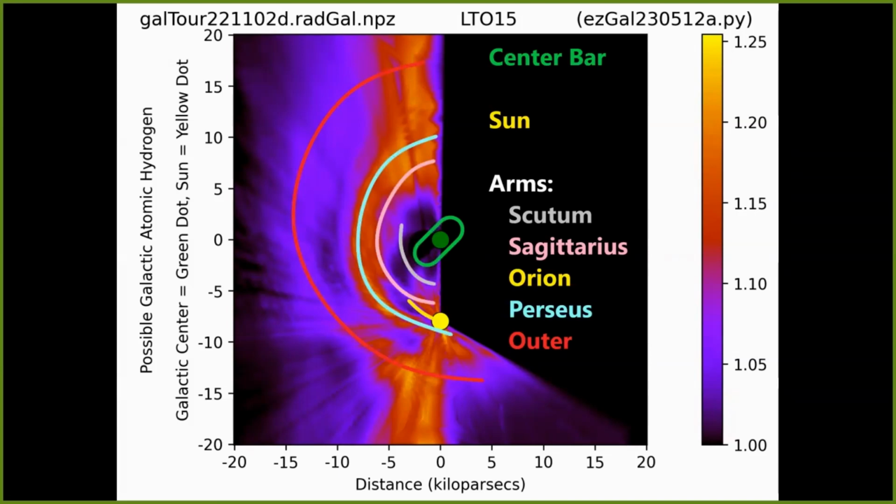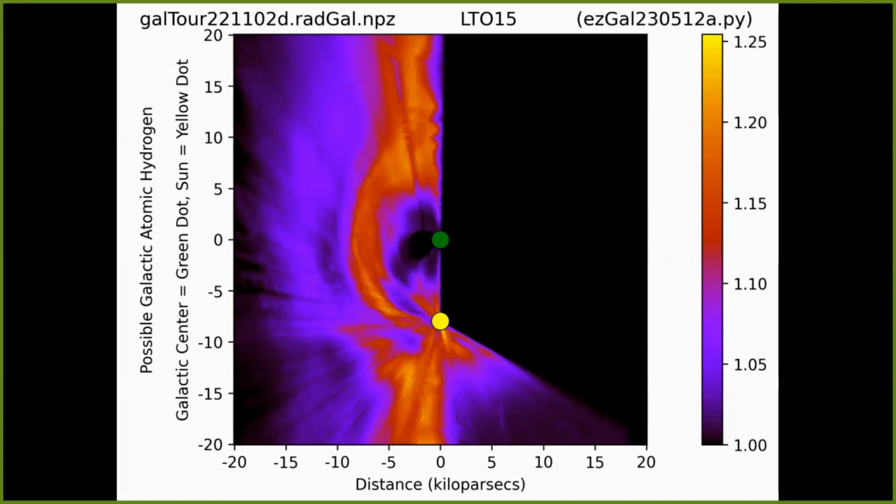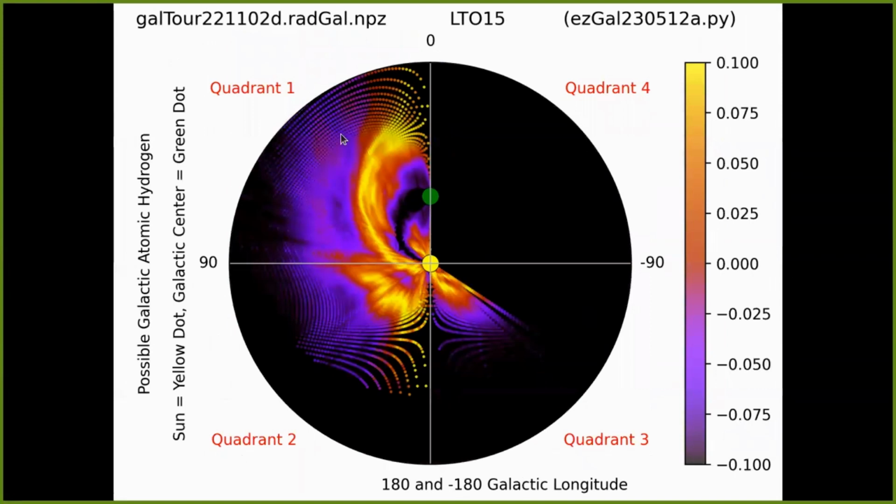So this screen comes from another one, which has the sun in the center. And you can see that looking out at different galactic longitudes, there were a lot of measurements taken at 1420 megahertz. But there's a bunch of data that's missing over here on the side.